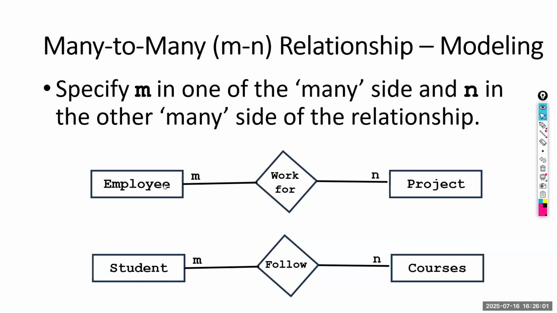For example, an employee can work for many projects. That often happens in software development projects. One particular software engineer is assigned to multiple projects, and obviously one project can have many employees.